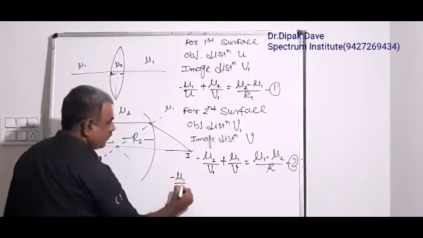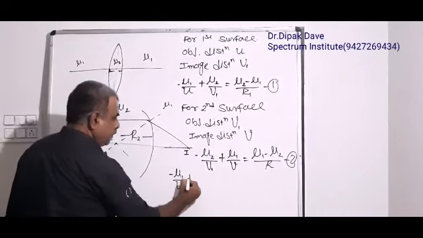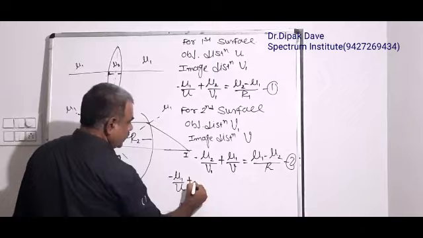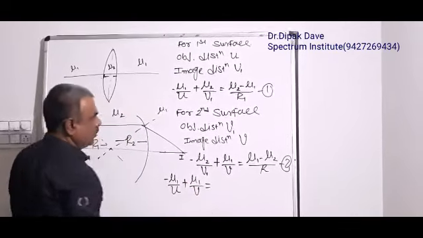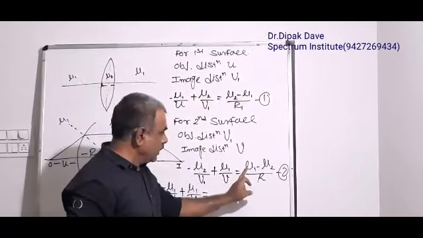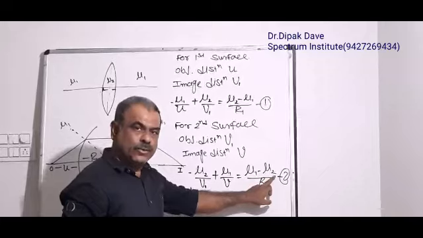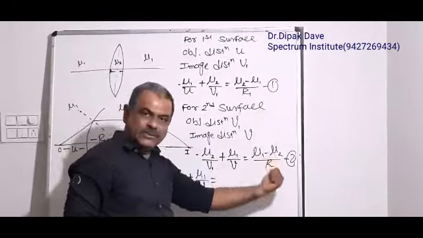minus mu1 by u plus mu1 by v is equal to, look, here we have mu2 minus mu1, here we have mu1 minus mu2. Although I am adding, if I take the minus sign common, both will become mu2 minus mu1.